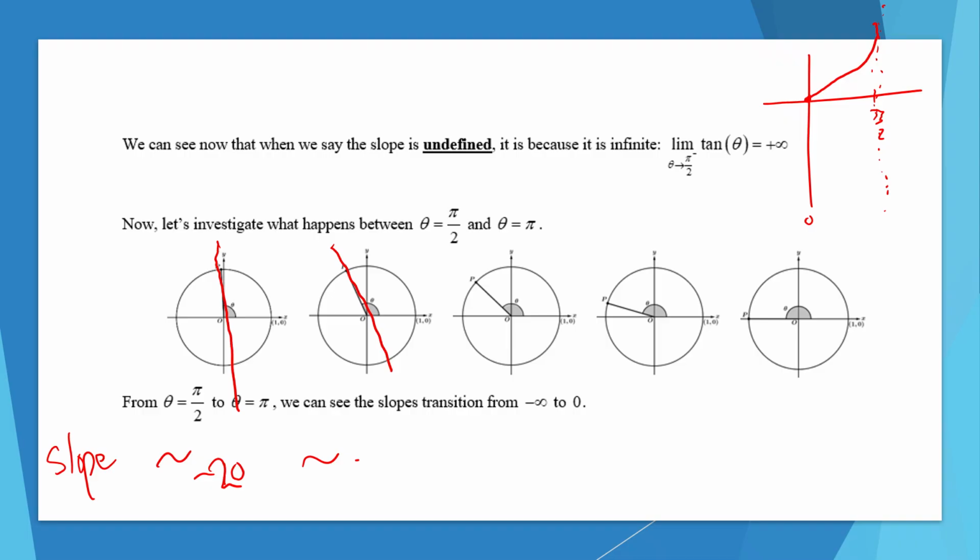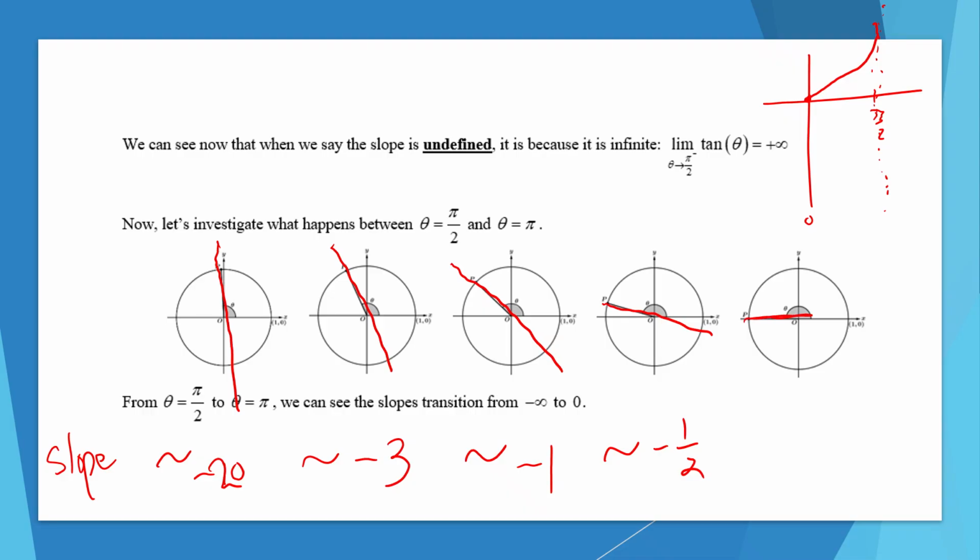We'll say maybe negative 3. Here, this looks pretty good, like a perfect 45-degree angle almost. And so this, I'm going to say, has a slope of negative 1 as a guesstimation. This slope right here, still negative, but less than 1, so negative 1/2 would be a good slope there.